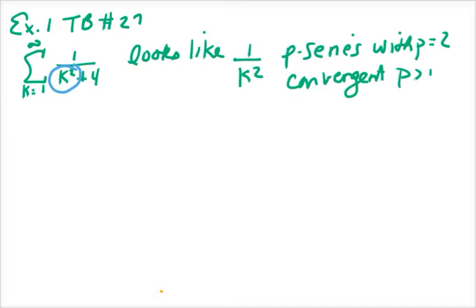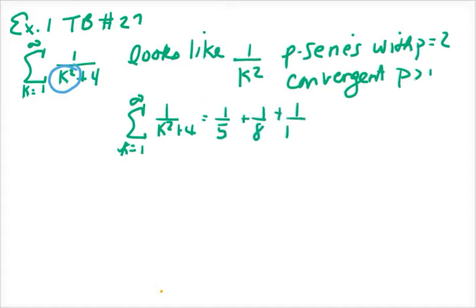So I could list the series to determine if it's less than it, and I will. So let's take a look at it. K equals 1 to infinity, 1 over k squared plus 4, and list a few terms to see what's going on, right?